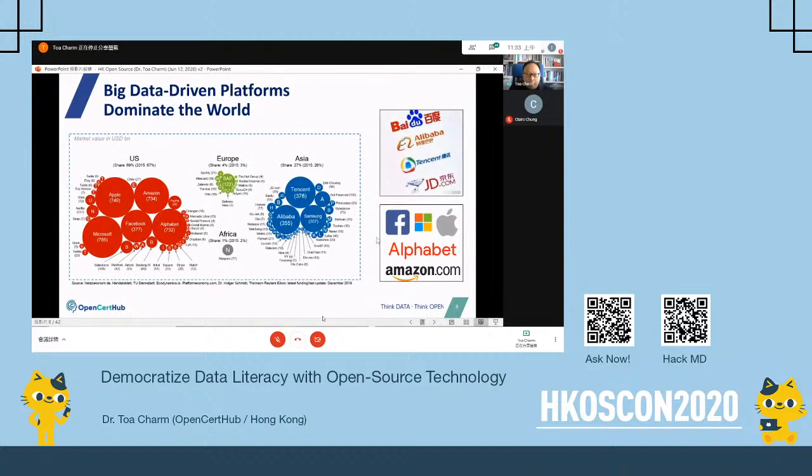So why do I talk about platform? Among all these business models, platform is the most powerful one, if you can make a successful platform. But of course, there are other business models running on technologies that you see every day. Probably you are a startup, you're actually creating a new business model based on the technology that you are familiar with. So those are the areas we talk about, right?